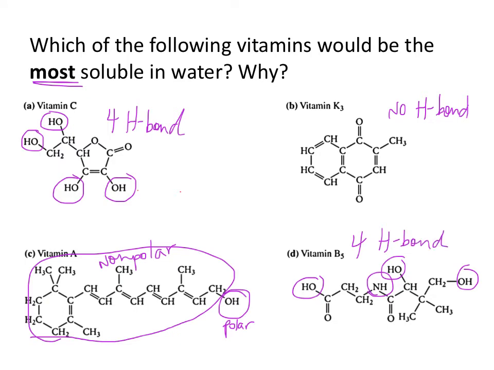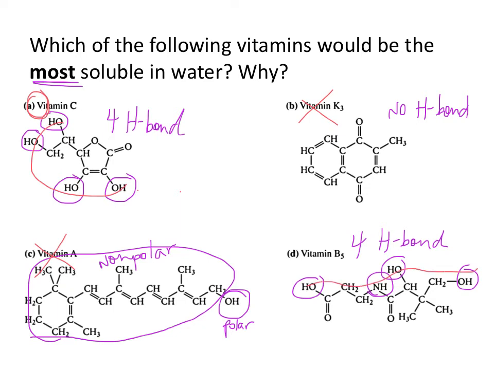So now we've got to look at these structures and pick which one's the most soluble in water. I can say automatically it's not vitamin A and it's not vitamin K3. But vitamin B5 and vitamin C both seem to be pretty soluble because they both have 4 sites for hydrogen bonding. So if I had to pick between them, I would pick vitamin C because the hydrogen bonds are kind of in a circle around the molecule, whereas on the vitamin B5 they all seem to be on one side.